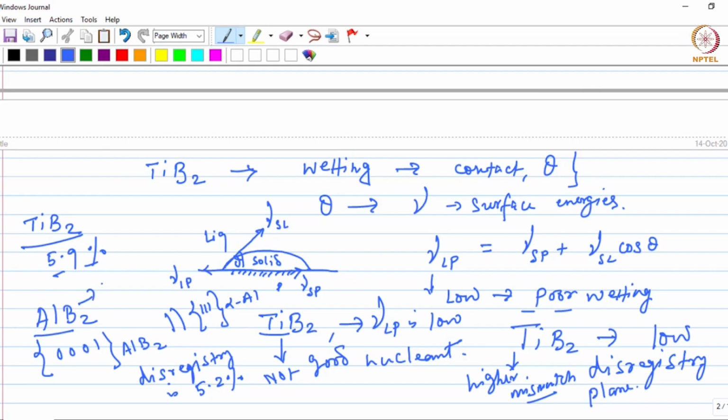is not stable. It is less stable compared to TiB2. So when you have added boron, it is more likely that TiB2 particles will be present and not AlB2. Okay.